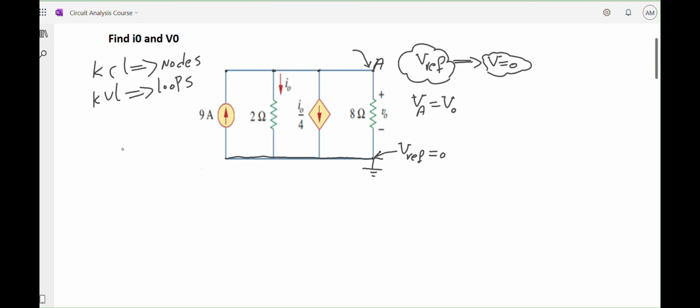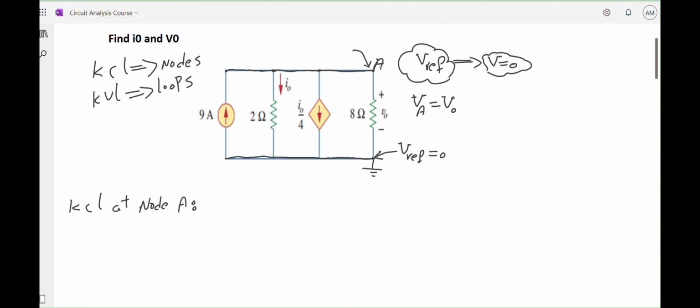Let's start with KCL. If I apply KCL at node A, I said to always try to be consistent in applying your KCL. If I consider I0 flowing out of this node, by the way, all these lines are connected to each other, which means they're at the same potential.